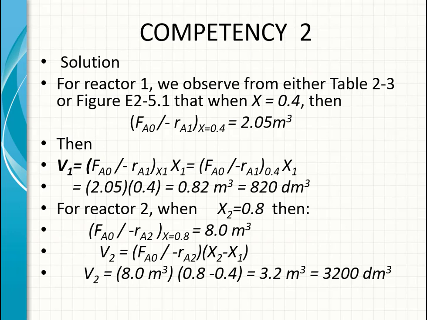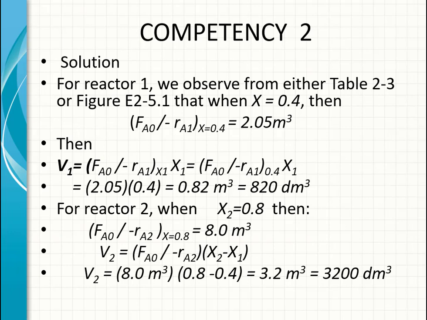Solution. For reactor 1, we observe from either table 2.3 or the figure E2.0.5 that when X equals 0.4, then FA0 divided by minus RA1, which is evaluated at X equals 0.4, is equal to 2.05 cubic meters.